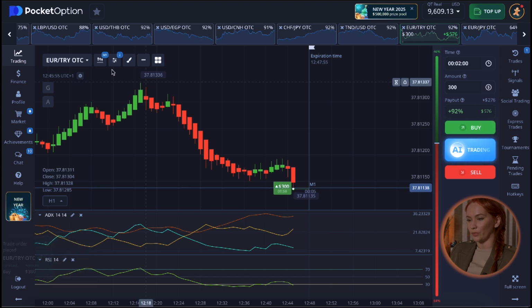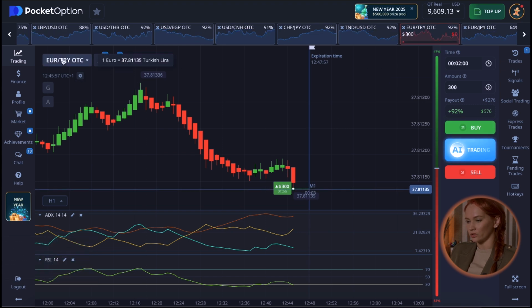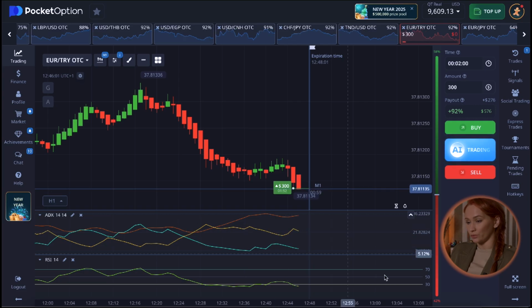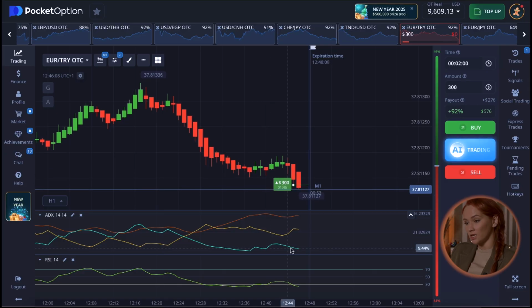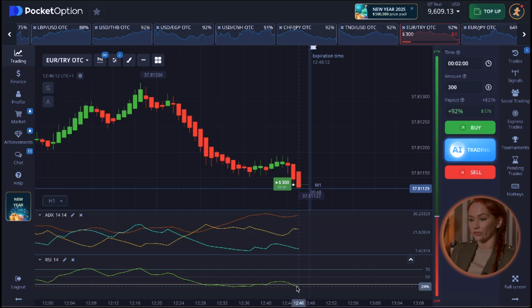So the next currency pair is Euro Turkish Lira. We can see that the ADX line is above 25 and the DI plus line is above the DI minus line. And the RSI confirms that a trend reversal is going to happen now.